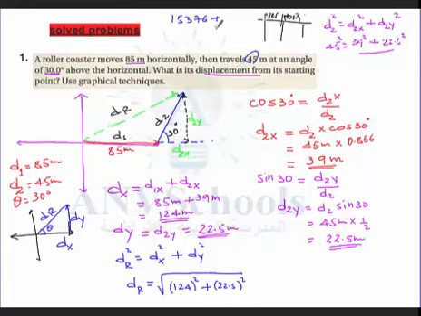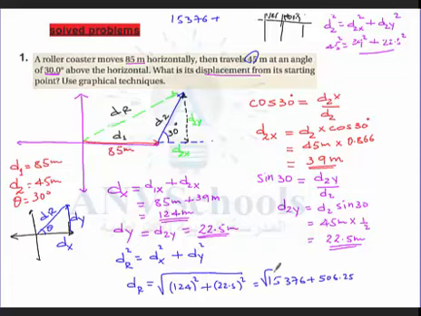15,376 plus 22.5 multiplied by 22.5, which is 506.25.